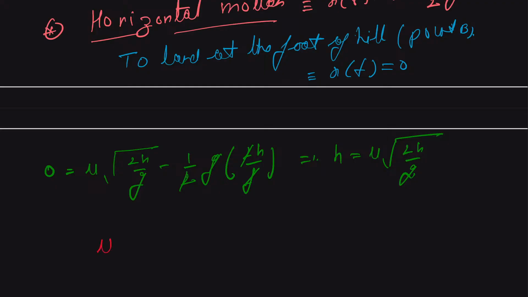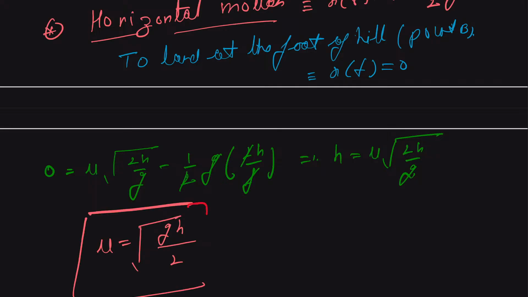So we can say our u will be equal to h, and we can square this h, so this will be coming as the square root of g h upon 2. So this is the value of our velocity, which we were required to find out.